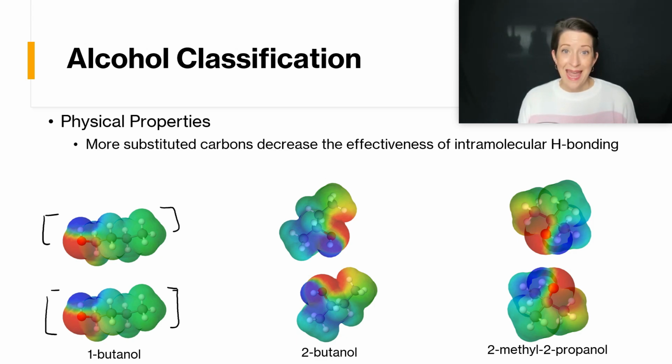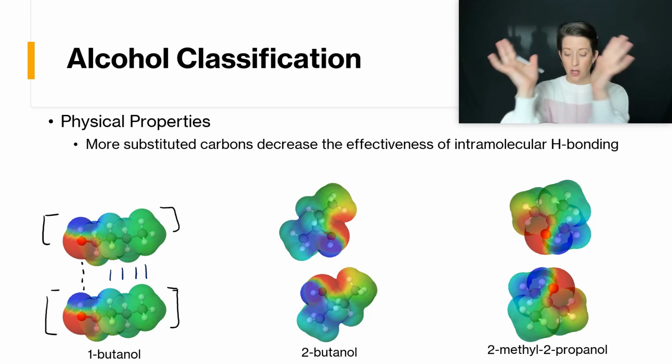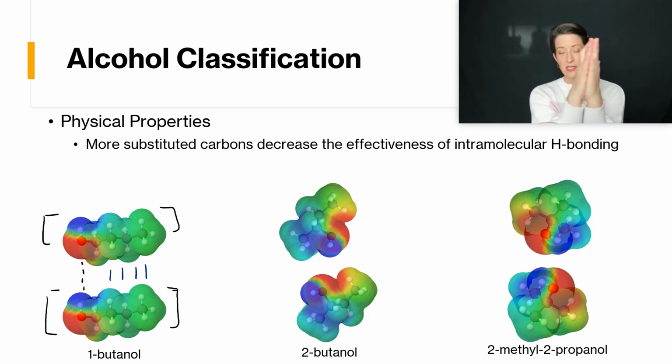When we are looking at the attraction in this molecule, we are going to have hydrogen bonding between the polar groups of one molecule 1-butanol to another molecule of 1-butanol. Because it has that nonpolar region, there's also going to be our London dispersion forces occurring. This creates a much larger interaction between those molecules.